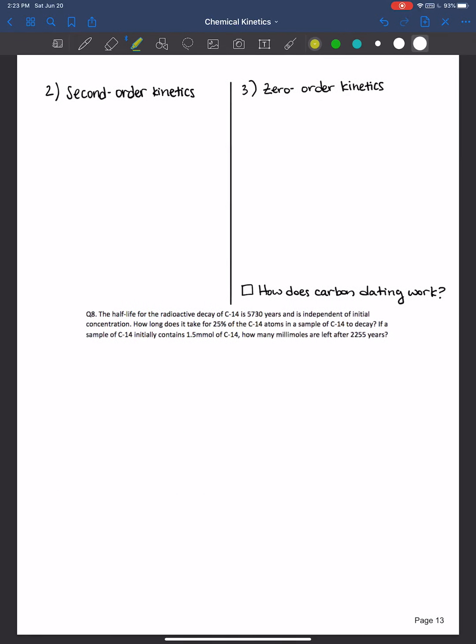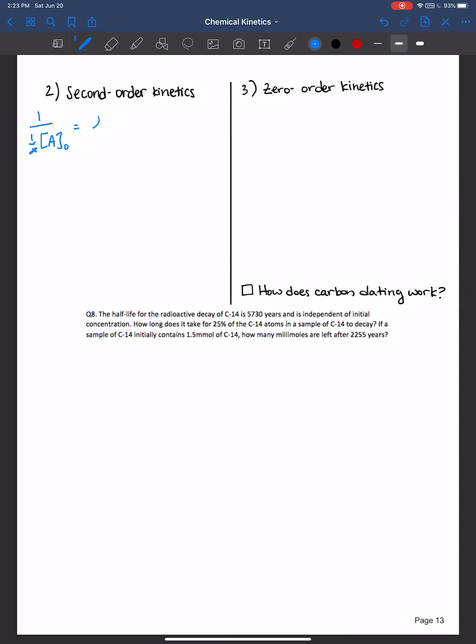So let's look at second order kinetics. I'm going to already substitute 1/2 the initial concentration for the concentration of A at a specific point in time into its integrated rate law. So this is what it would look like for second order kinetics.